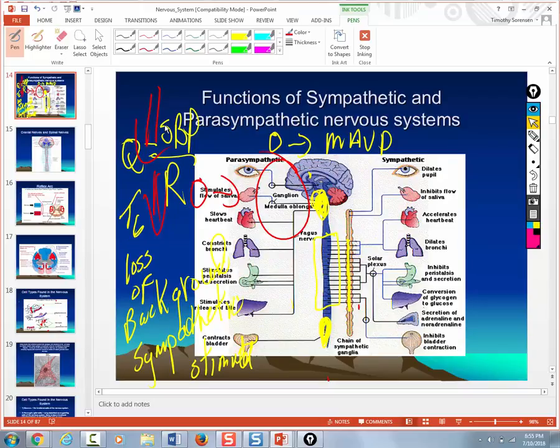And what happens to systolic blood pressure? And if you don't have a mean arterial blood pressure above 60, you can't perfuse your brain and vital organs, so you have shock. And what caused it? Damage to the spinal cord above T6, and that's called neurogenic shock.